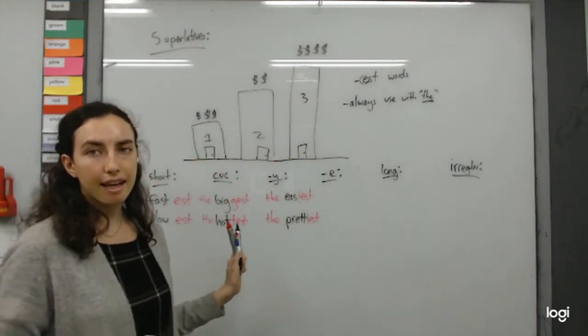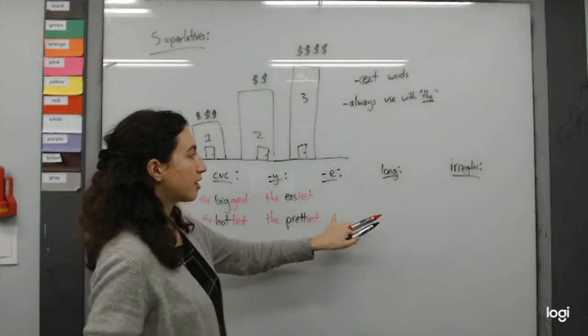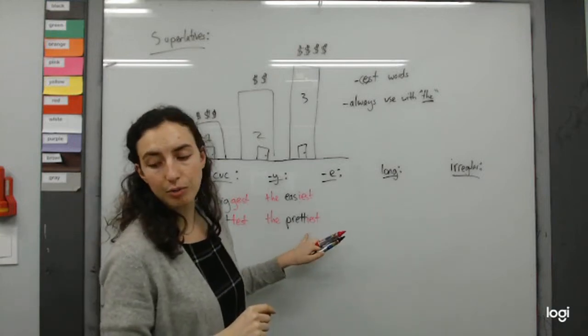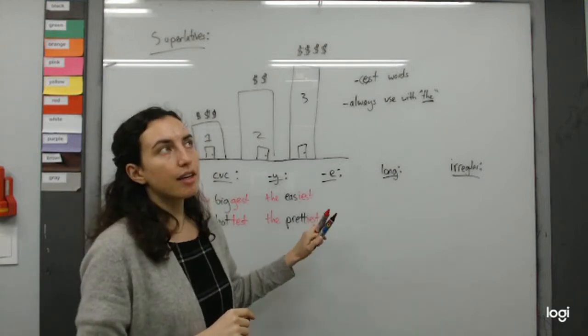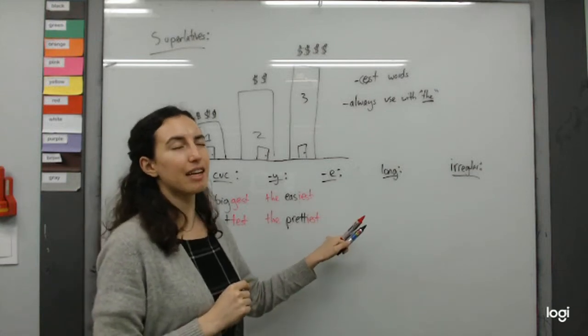Okay, and for the last one with short words that we have is words that end with E. Words that end with E, just like with comparatives, we do not make two E's. That is weird.